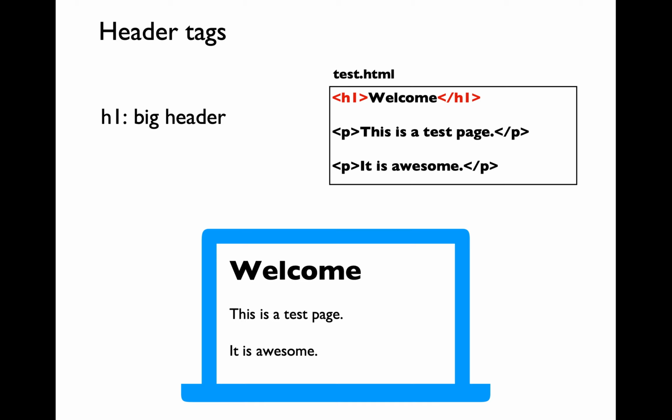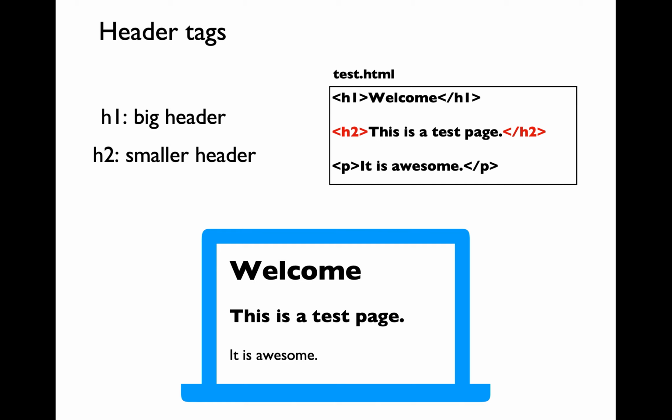Let's talk about header tags next. Header tags enable us to define various sizes for specific text. Let's say that you want welcome to be in the biggest possible font, then you can mention that as header H1. H1 is the biggest size that you're going to get out of the header tags. Weirdly, H2 is smaller than H1.